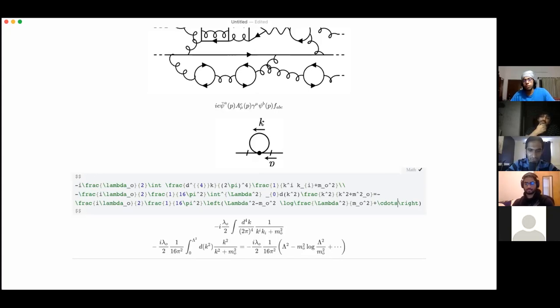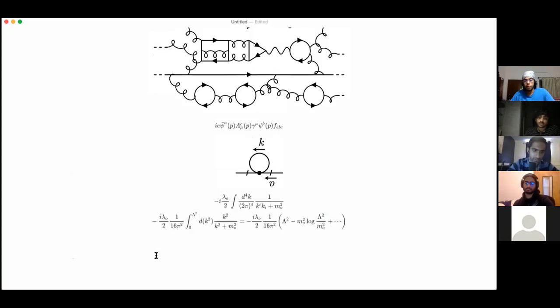Right? So basically what we're going to have is an observable that we have to identify. What's the observable? It's the inverse of the propagator, right? But the full renormalized propagator, the one that sums over all 1PI diagrams. But we're only expanding it to first order in lambda naught, right?